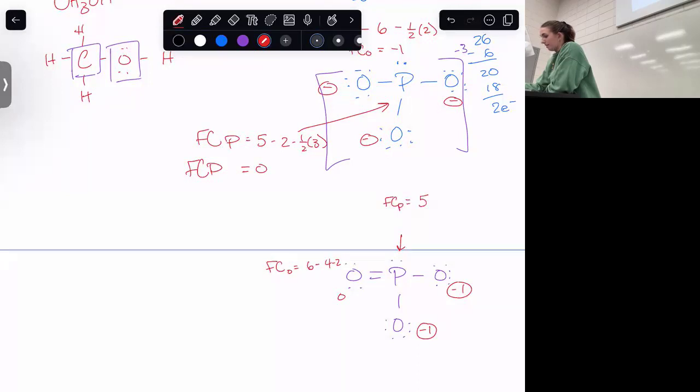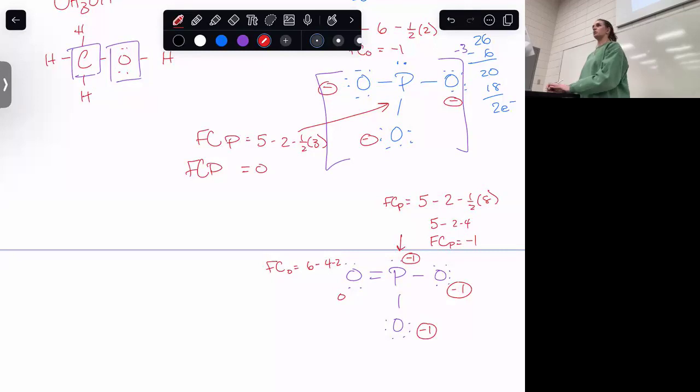It's supposed to have 5 valence electrons. How many non-bonding electrons does it have? 2. Right, so we end up with phosphorus having that -1 charge now. So it still adds up to -3, but what's wrong with this structure here?